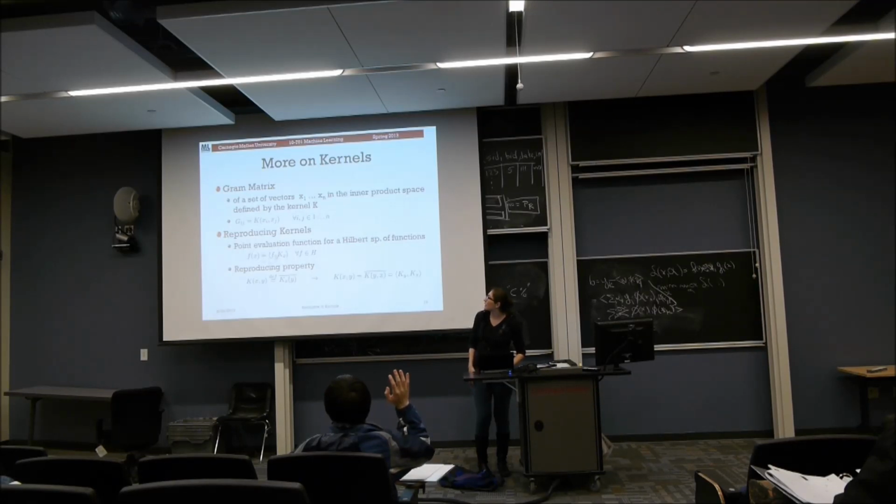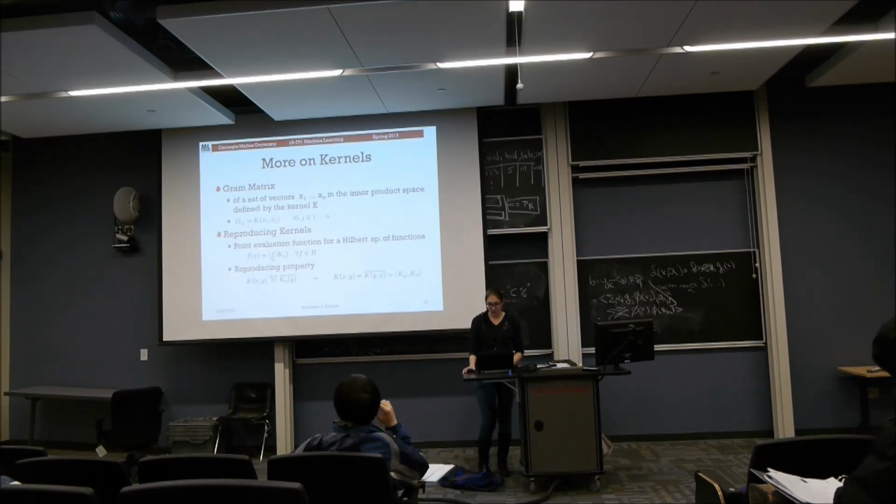When you have a Hilbert space of functions, you consider the inner product between the function itself and the point-specific K of x to get the value of f at point x.